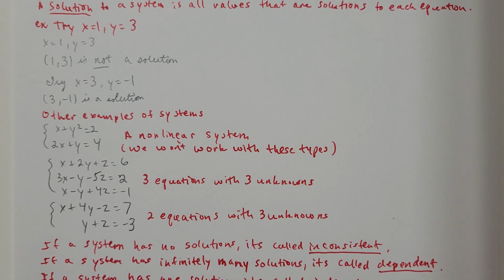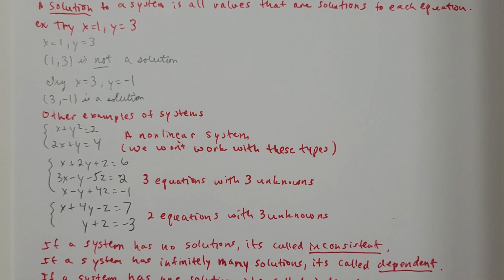Another example is the system given by x plus 2y plus z equals 6, and then 3x minus y minus 5z equals 2, and x minus y plus 4z equals negative 1. So that would be a system of three equations, and there's three unknowns, or it'd be a 3 by 3 system. Okay, the three unknowns being x, y, and z.